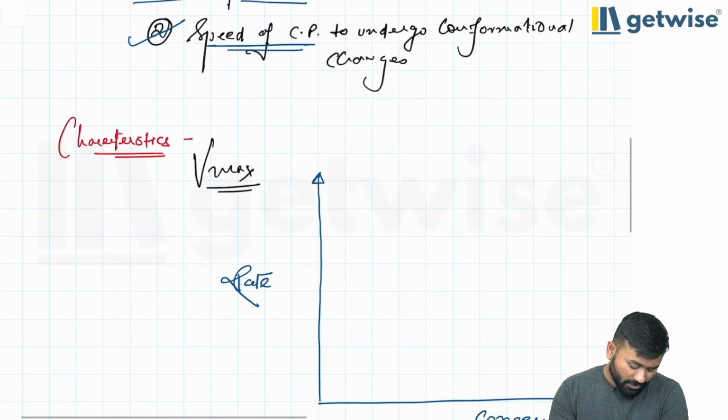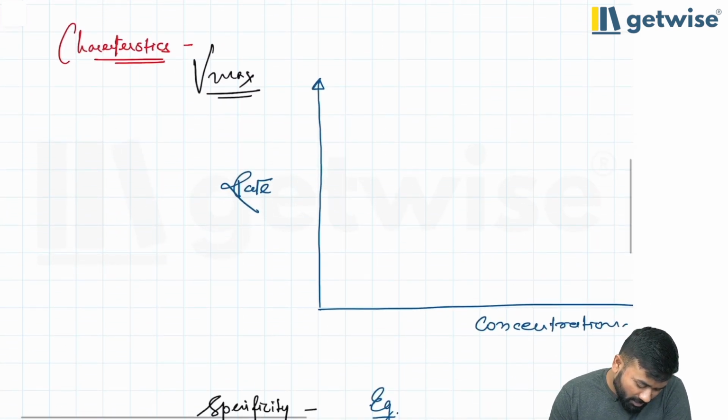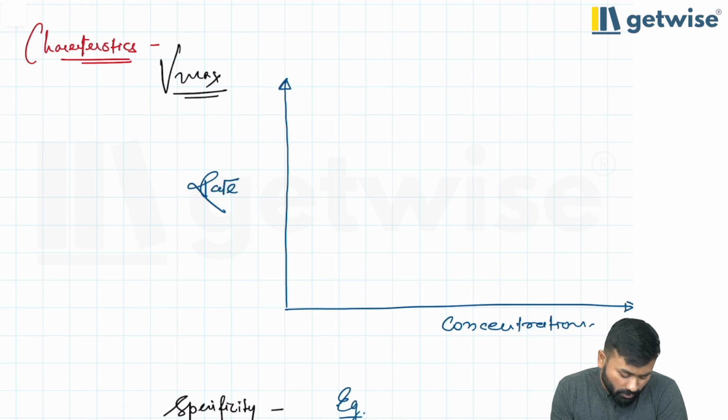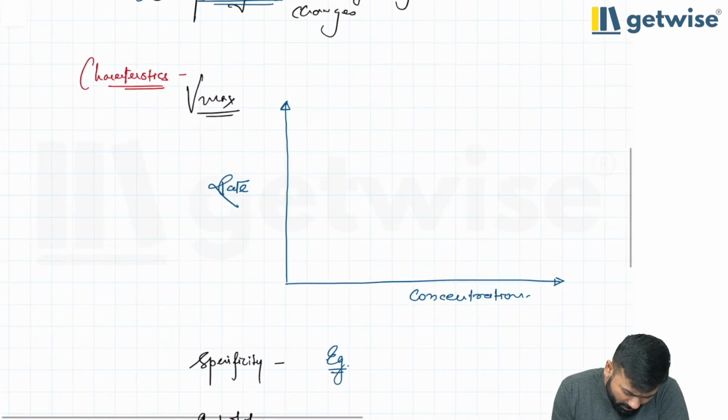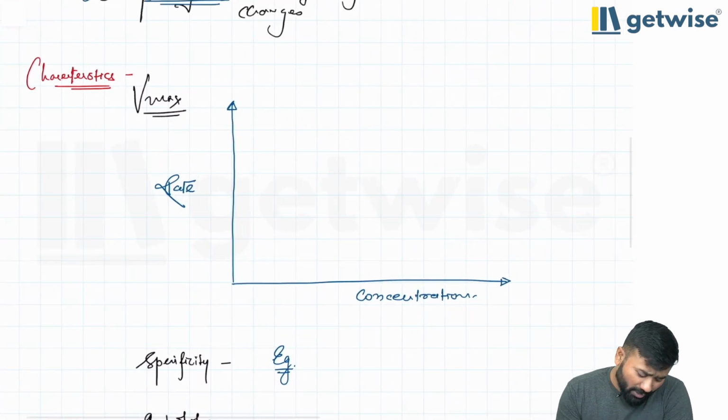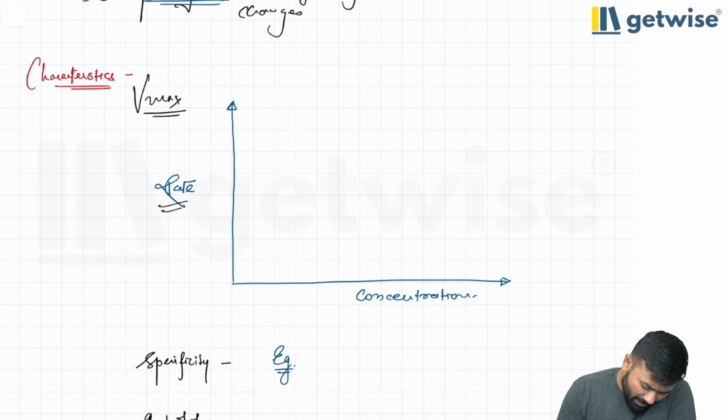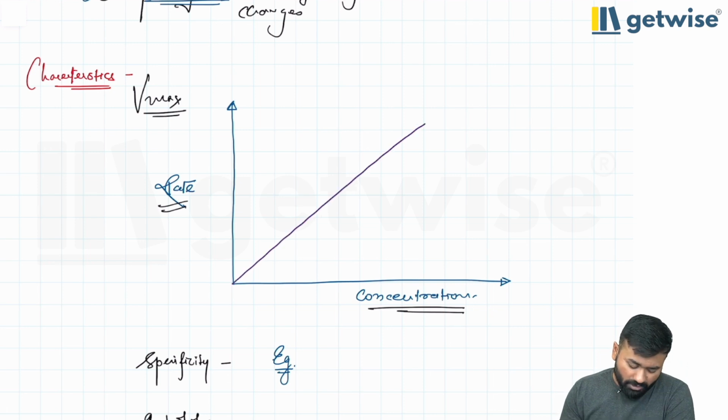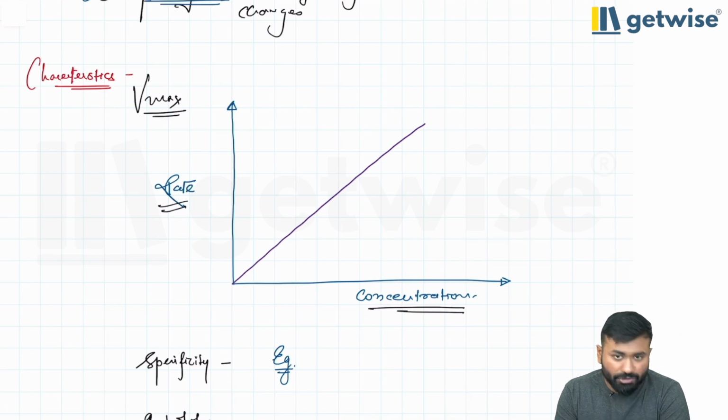There are some characteristics related to facilitated diffusion, carrier mediated transport. So let's have a look at it. When we plot rate on the y-axis and concentration on the x-axis, for simple diffusion the graph goes like this, a straight line.